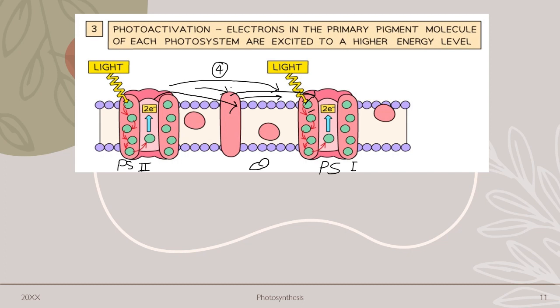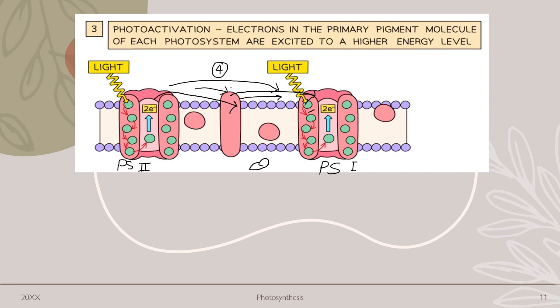So what happens in non-cyclic photophosphorylation is that the light falls onto photosystem 2 first, and then photosystem 1. On photosystem 2, remember that photolysis occurs here, so the splitting of water will take place, and the electrons will become excited.